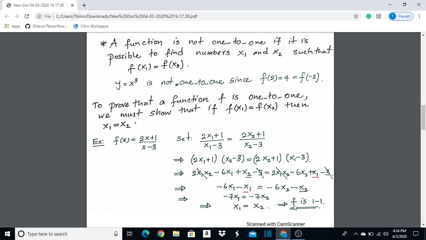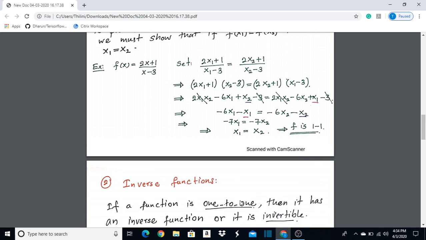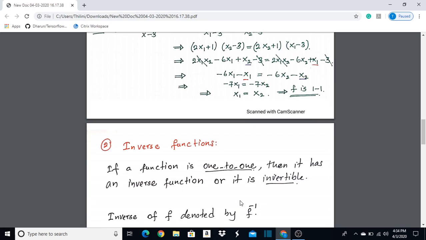So that means your f function has to be one-to-one. That is a good way of showing whether a function is one-to-one or not. If you come up with another relation here, then that means this function is not one-to-one. So that's one way of identifying one-to-one functions.